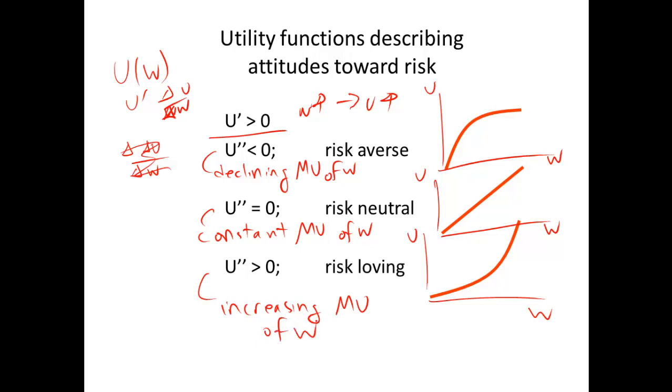Now the point I wanted to make on this slide is think about putting a gamble into a slide for a person with risk-loving preferences. And so let's say maybe they're going to have this and maybe they're going to have this with some probability. The expected utility line for such a person is like that. And what's interesting is it's actually above the utility curve itself.